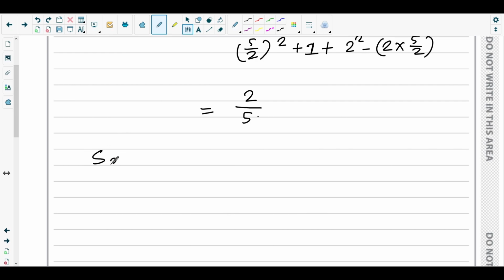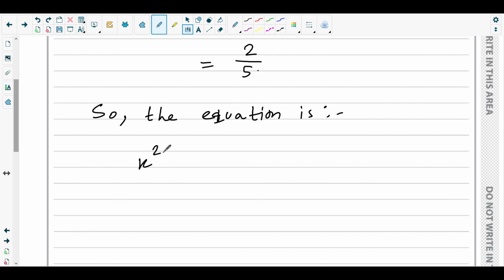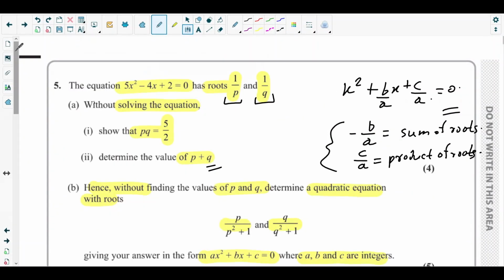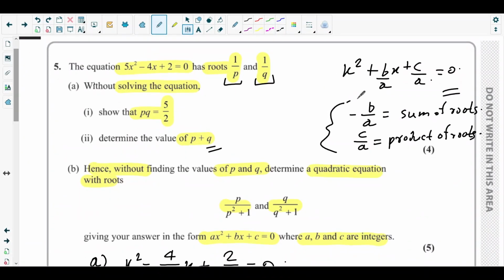So the equation is x squared, and then the negative of the sum of roots. Let me show you the format. The negative of the sum of roots will be the coefficient of x.